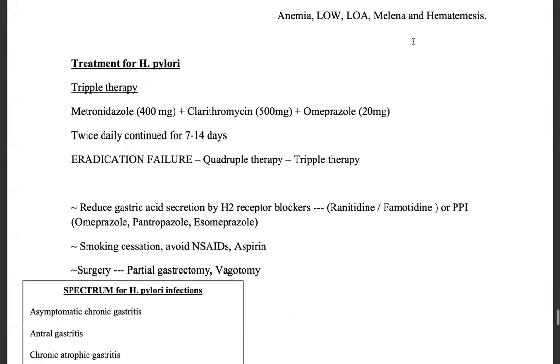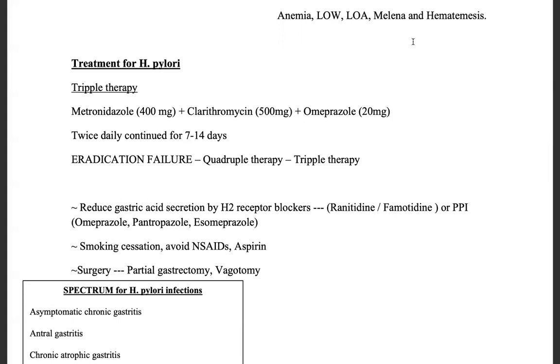So the treatment. For the treatment of Helicobacter pylori infections, we have this therapy called the triple therapy. We give metronidazole 400 milligrams, clarithromycin 500 milligrams, and omeprazole 20 mg.